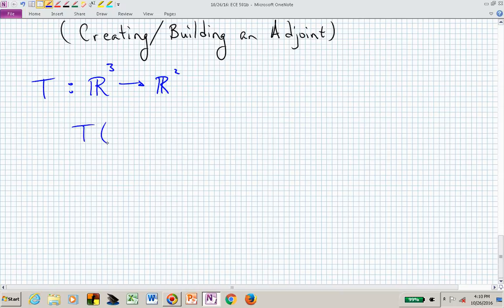Let's define that to be T. It's now working on a 3 vector. Let's call the components or coordinates in the 3 vector x1, x2, x3.